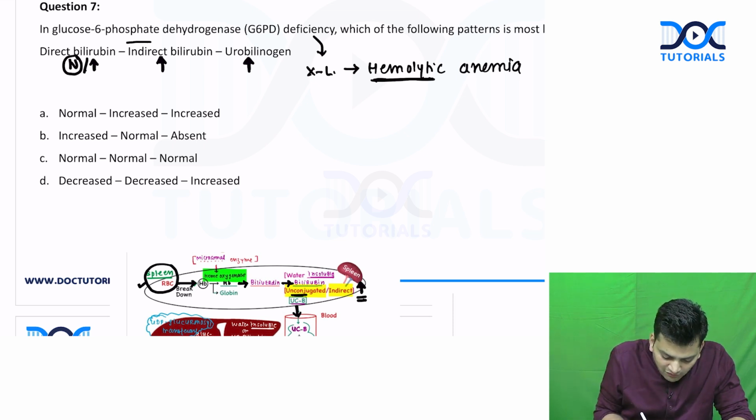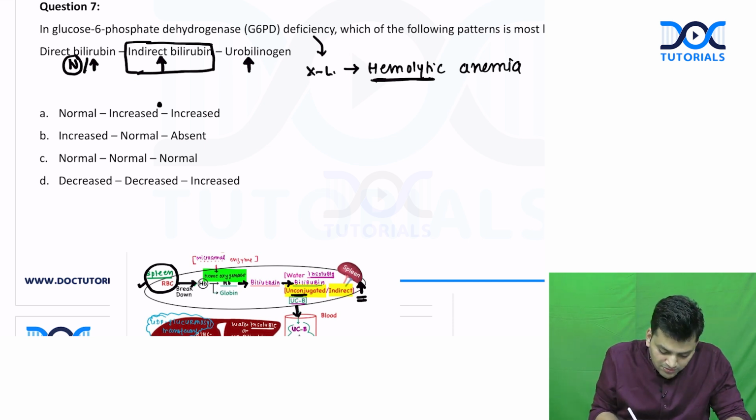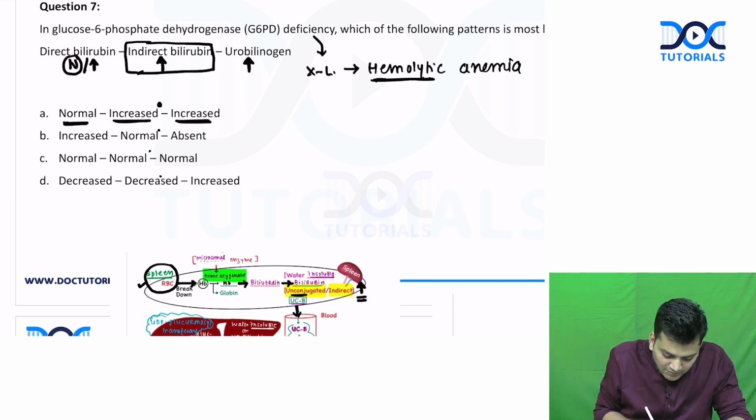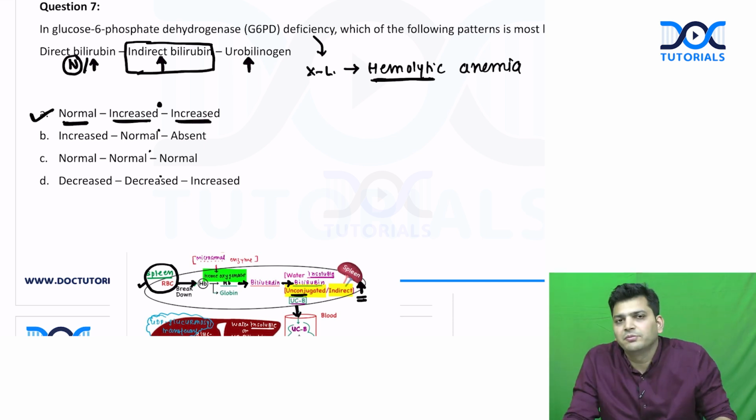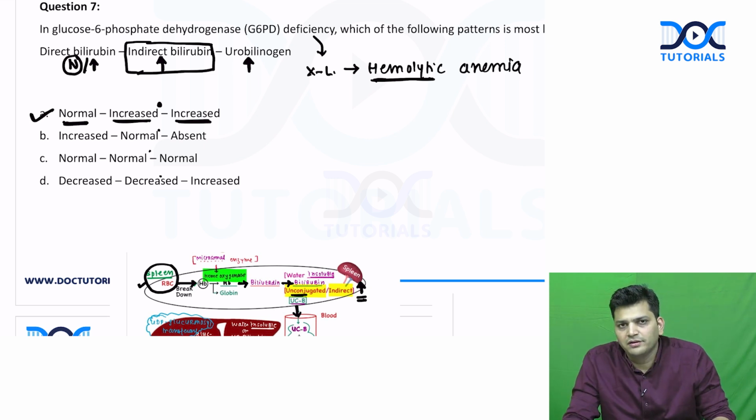Even if you knew only this much, that in hemolytic anemias the RBC breakdown will happen and the unconjugated bilirubin, the indirect bilirubin, is going to increase, and if you look at the options, there is only one option saying indirect bilirubin increase. The urobilinogen increase, and the direct bilirubin can be normal or can be increased. So the answer is going to be the first one. So the very classical finding in hemolytic anemias, the prehepatic jaundice, is going to be an increased amount of indirect bilirubin, the unconjugated bilirubin, the water-insoluble bilirubin.